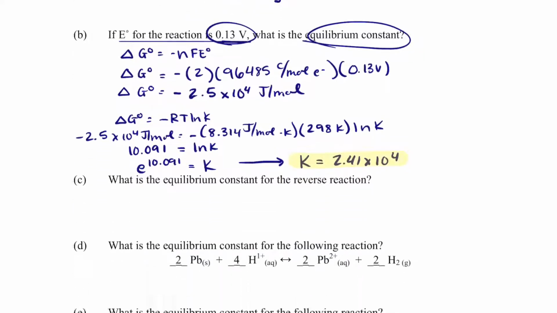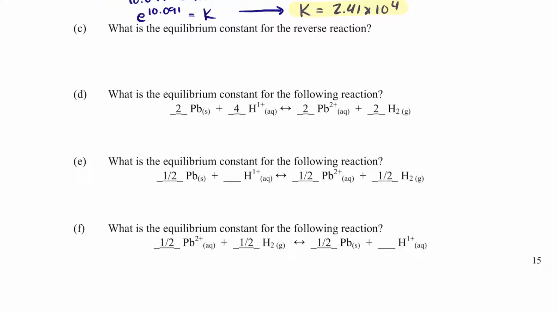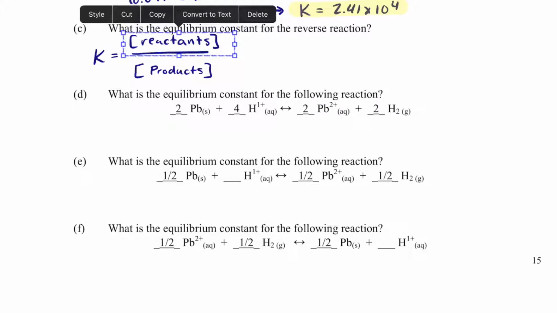So what I'm asked in part C is to solve for K for the reverse reaction. So if my reaction was products divided by reactants in terms of how I solve for K, when I have the reverse reaction, my reactants will become my products, and my products will become my reactants.